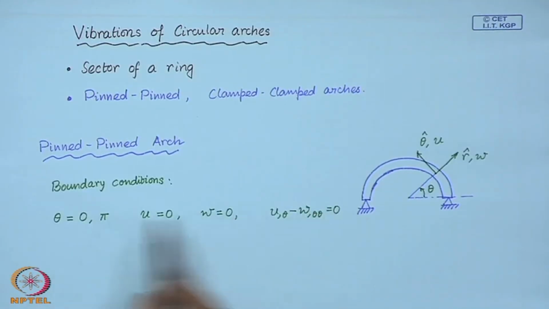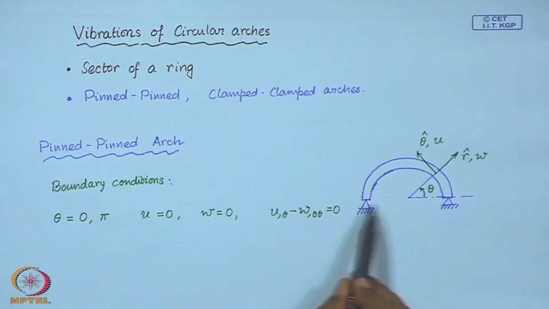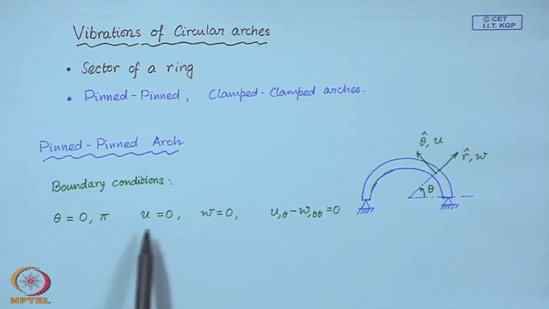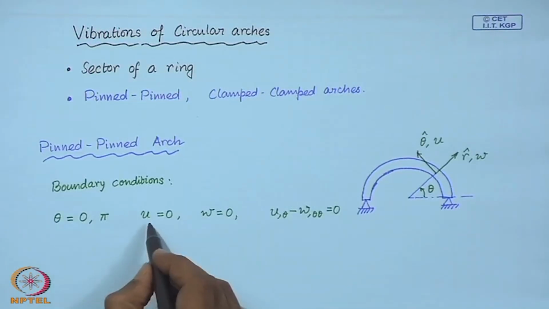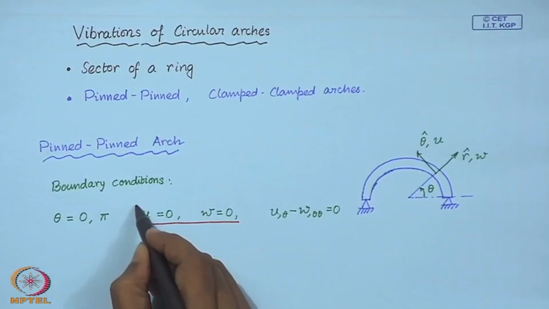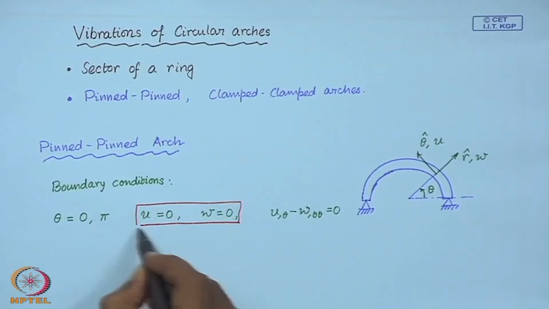So we have 6 boundary conditions as we had discussed. So, here we have 0 displacement at these 2 points, and this is the 0 moment condition at these 2 ends. Now, we have these as the geometric boundary conditions.